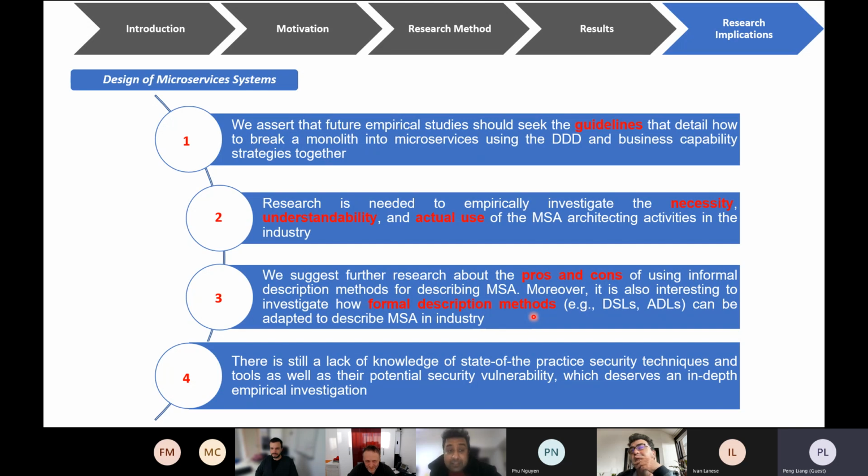I did not find in the literature where the necessity, understandability, and actual use of architecting activities in industry in the context of microservices systems were explicitly studied. That's why I mentioned it here. The results reflect that they are not very familiar with it explicitly, probably because of the terminologies. So this is one of our proposed areas.